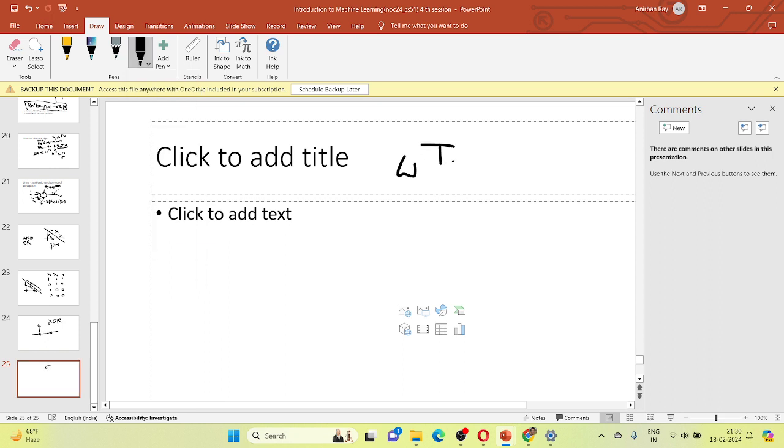W transpose X plus B is the equation of the classifier. This is the data set you have.